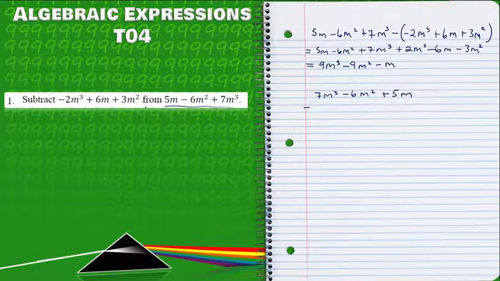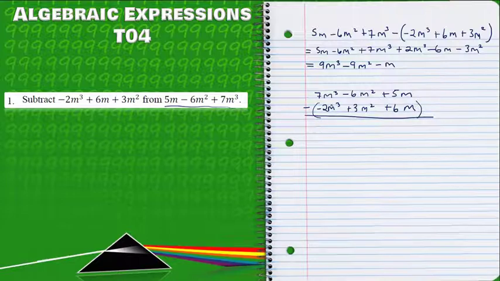So we have minus 2m cubed plus 3m squared plus 6m. So this is then subtracting this whole expression from the one above.